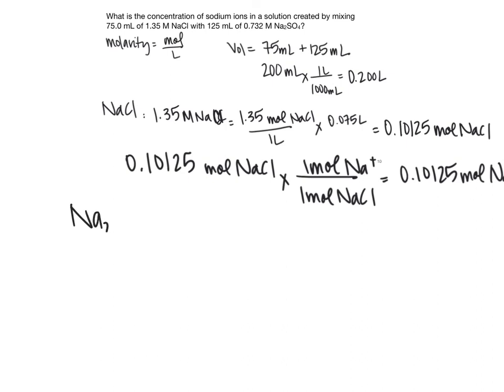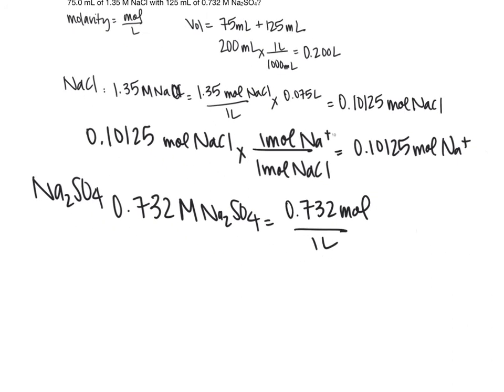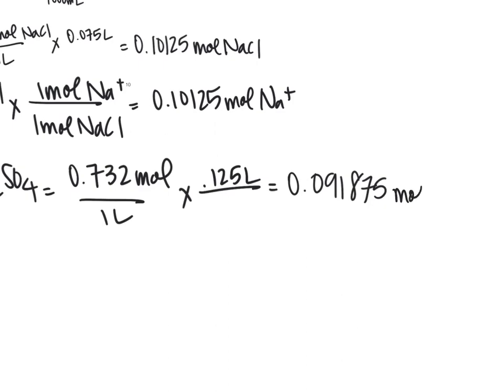Now let's look at the 125 mL of 0.732 molar sodium sulfate. We're going to repeat this process. We take 0.732 molar Na2SO4, which equals 0.732 moles in 1 liter. We are going to use 125 mL, which is 0.125 liters, which gives us 0.091875 moles of sodium sulfate.